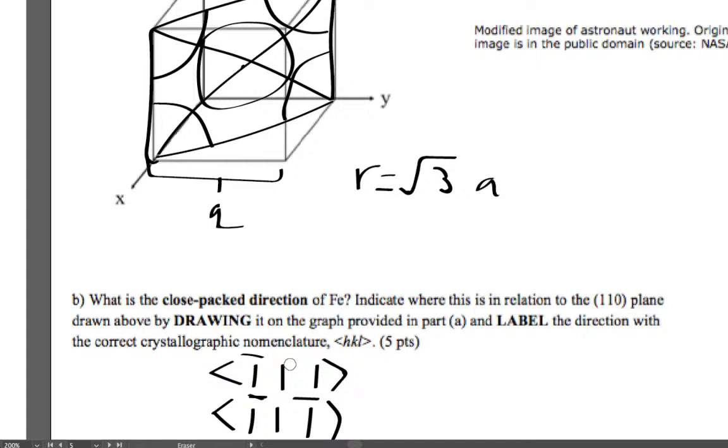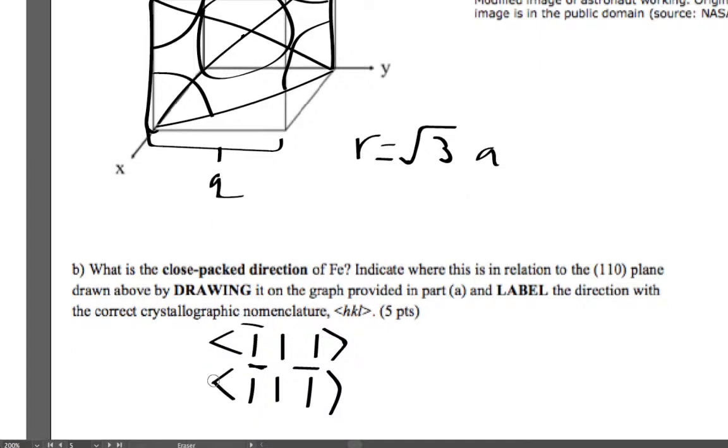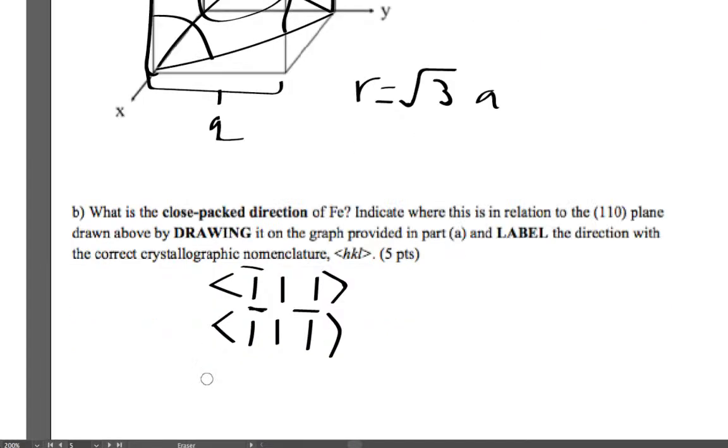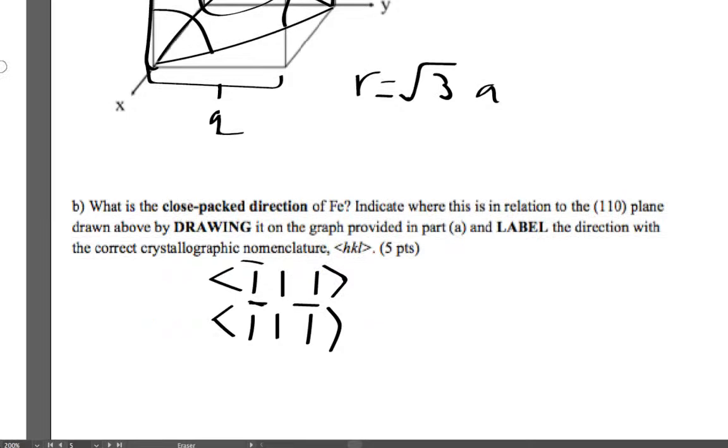Same thing. Oh wait, but you need to realize another thing, that you could actually go in the opposite direction as well. You could go 1 bar, 1 bar. You could also go 1 bar, 1. I think that's all.